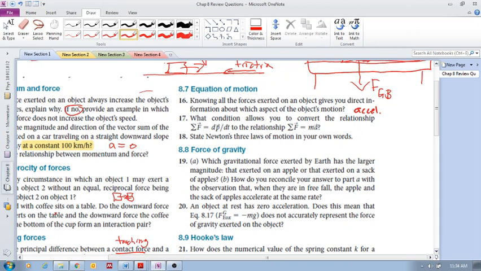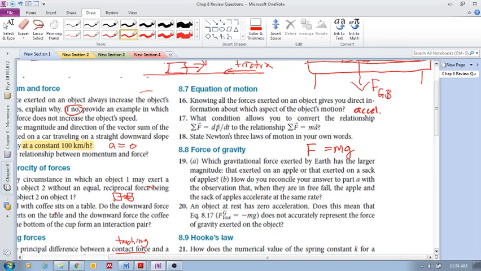Well, where's my pen gone? There it is. Okay. We know that F is equal to mg. So the larger the mass, the larger the inertia, the larger the force.